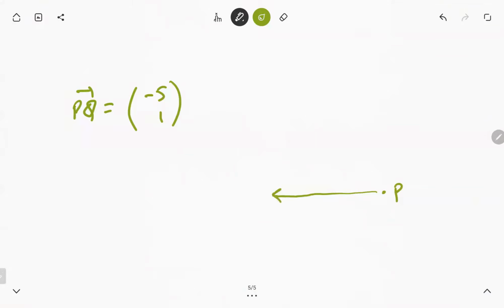So 1 यूनिट अप मतलब somewhere here it will be Q. सो आप आइडिया कर सकते हैं कि ये वेक्टर PQ कुछ ऐसा होगा. थोड़ा सा आइडिया हो जाएगा कि 5 यूनिट लेफ्ट एंड 1 यूनिट अप, तो आपको इससे डायरेक्शन का आइडिया हो रहा है कि ये वेक्टर किस डायरेक्शन में है.